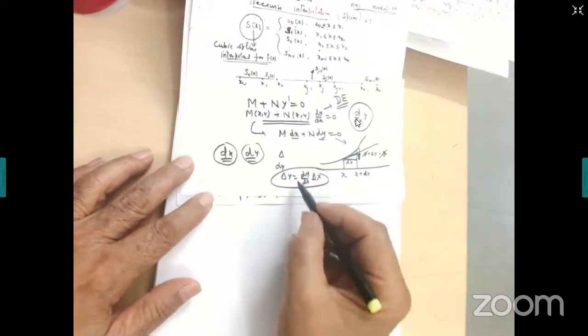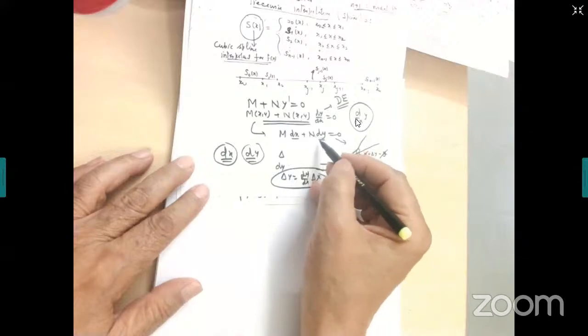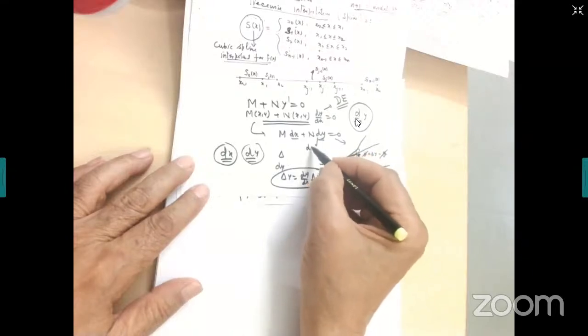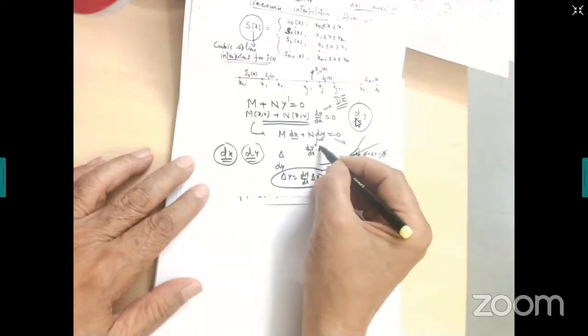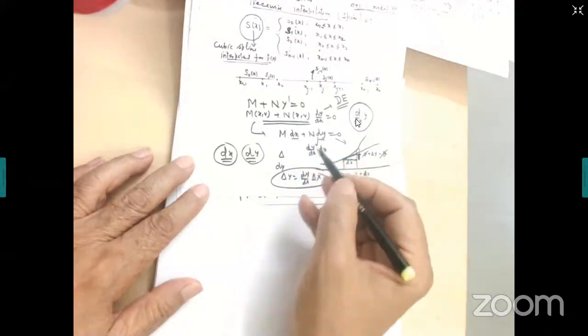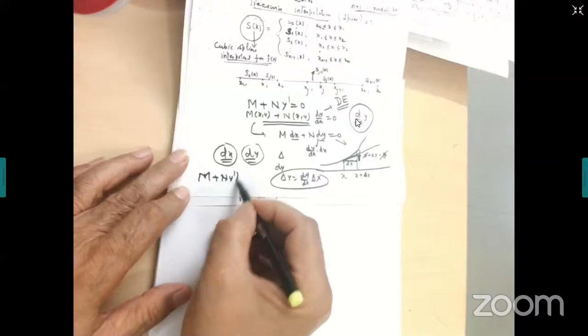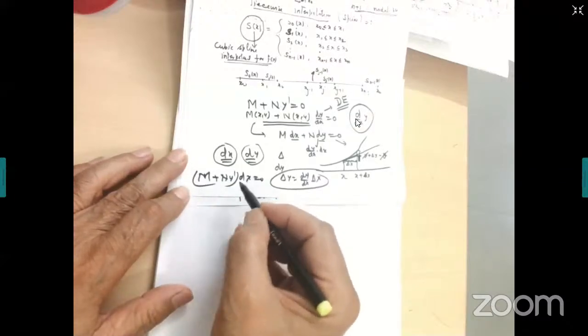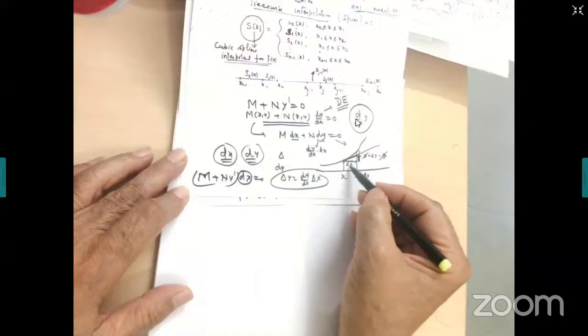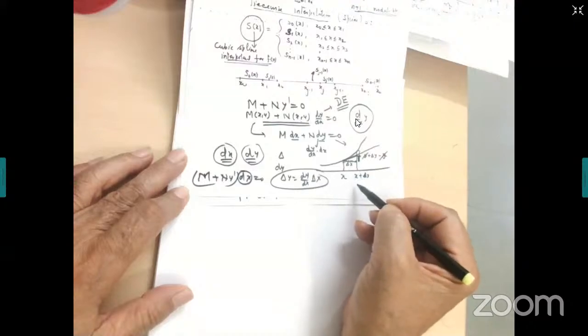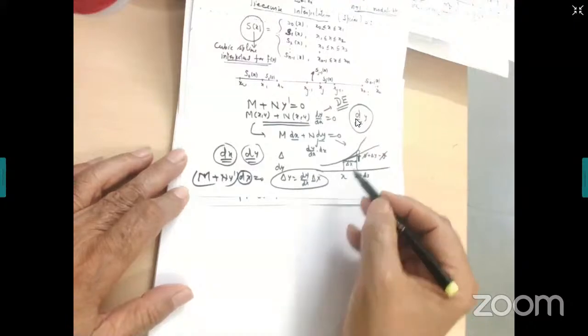You should understand that I can write dy as dy by dx into dx. So dx can be taken outside, and I can write this as m plus n y dash into dx equal to 0. Since dx is different from 0, this delta x I have written dx. Once you write delta x, it's very clear.